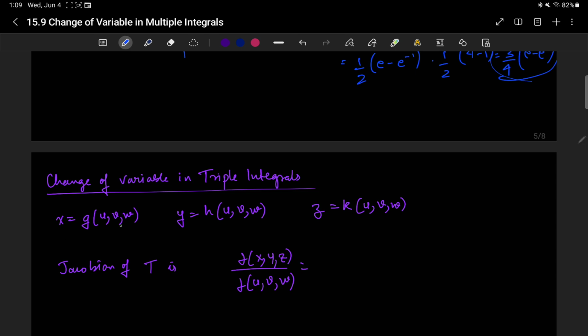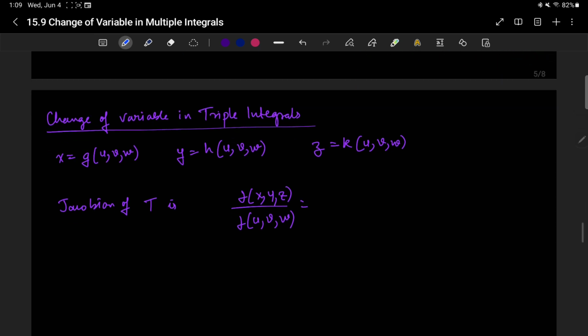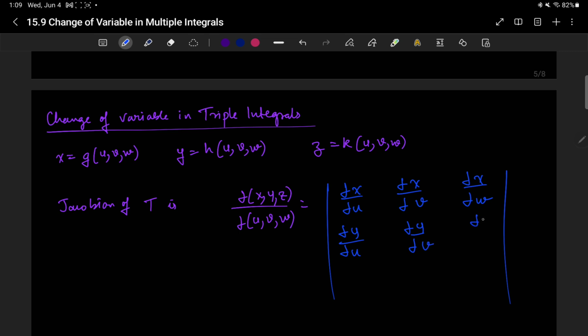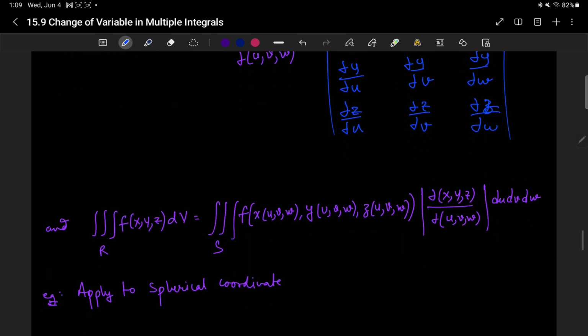If you have x as g(u,v,w), y as h(u,v,w), and z is some function of u, v, w, then this Jacobian, instead of a 2 by 2 determinant, becomes a 3 by 3 determinant: del x over del u, del x over del v, del x over del w, del y over del u, del y over del v, del y over del w, del z over del u, del z over del v, and del z over del w. And the triple integral is substitute, with the Jacobian.